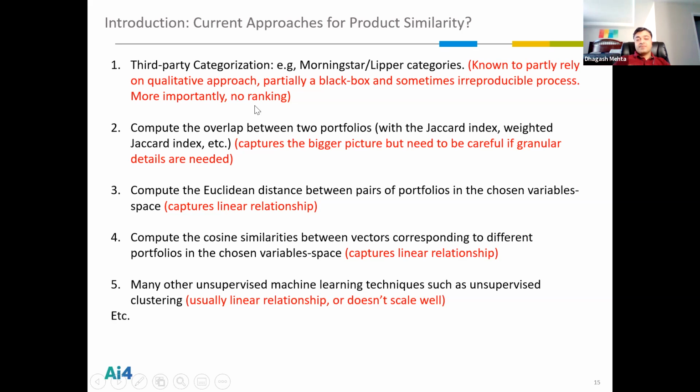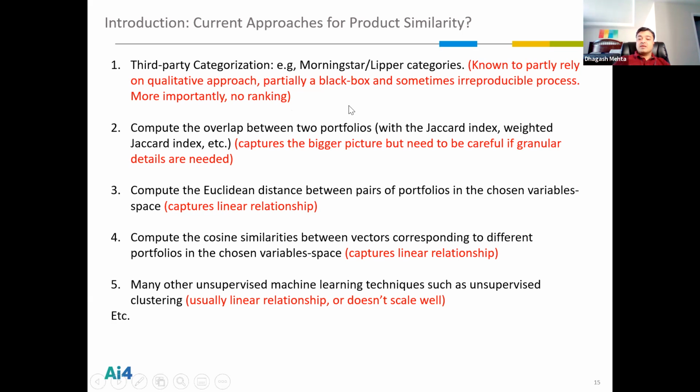Most importantly, though, even if you believe that all these categories are fine, or everything is to the dot, the problem is that if you are trying to identify the top 10 most similar funds, for example, that's not what you are going to get from these categorizations.